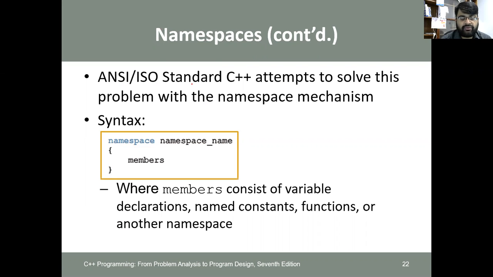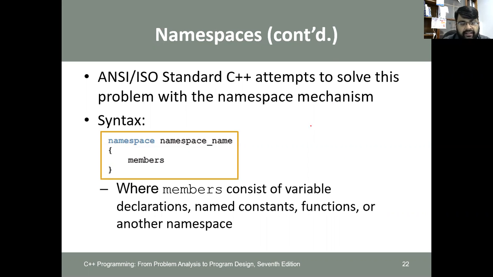The ANSI/ISO standard C++ has attempted to solve this particular problem with the namespace mechanism. It uses namespaces so that you can use the same names for variables, even if you declare them by mistake, for example, x is a common name. It clarifies this by using the concept of namespace.